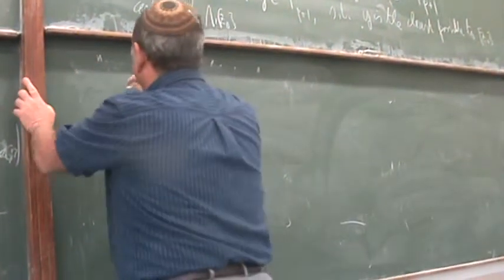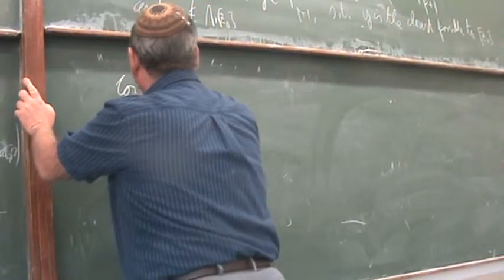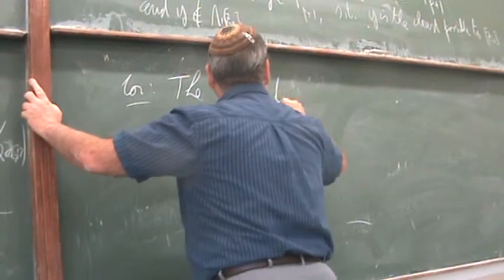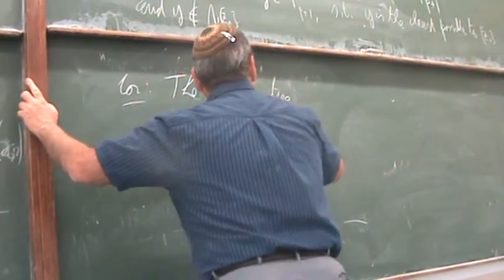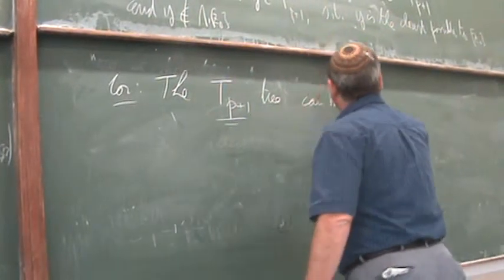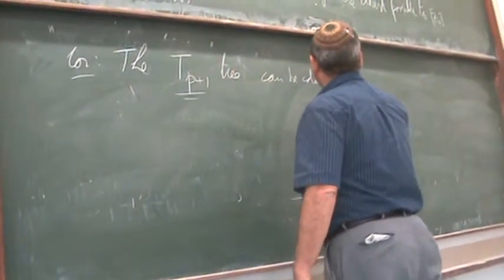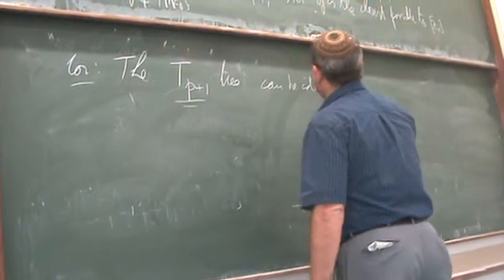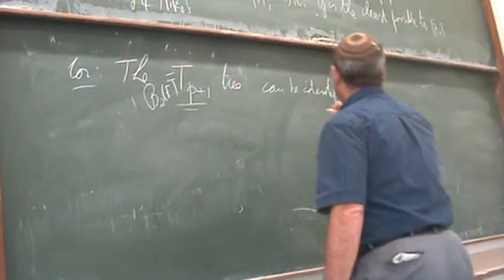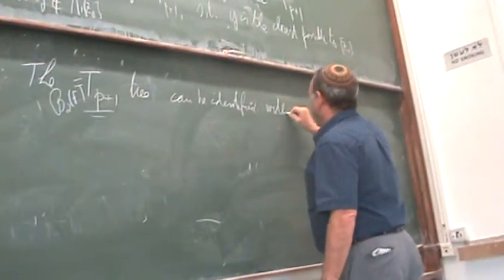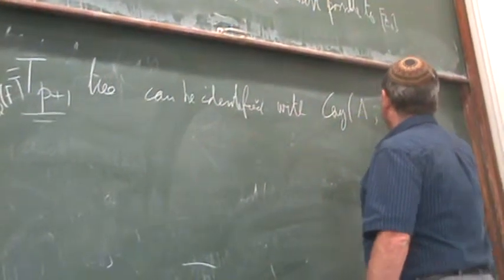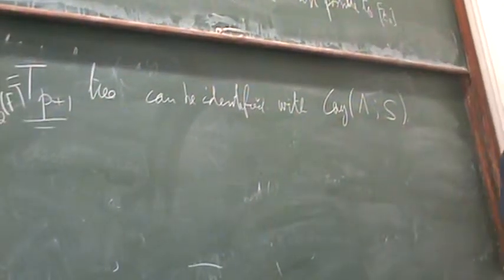As a corollary, the P plus 1 regular tree, the specific tree, can be identified with the Cayley graph of lambda with respect to the generators S.